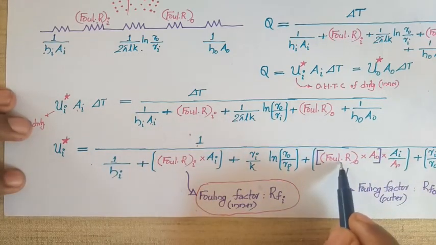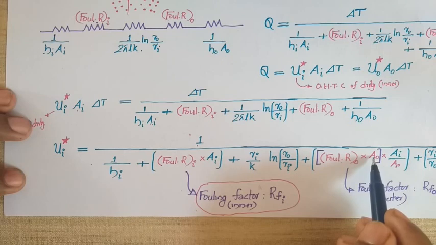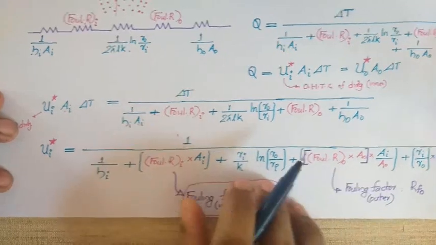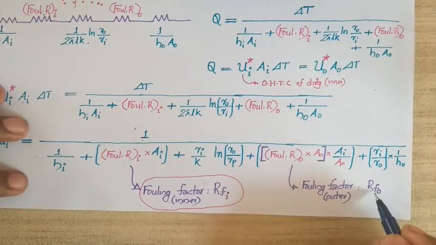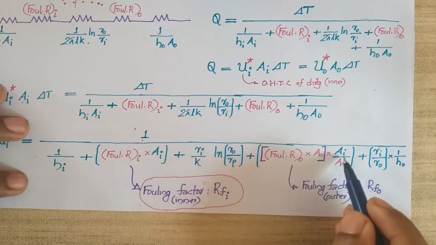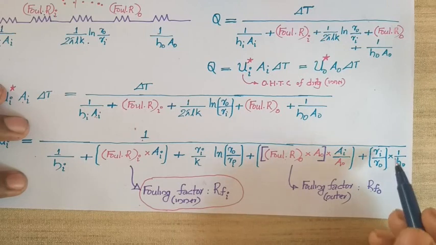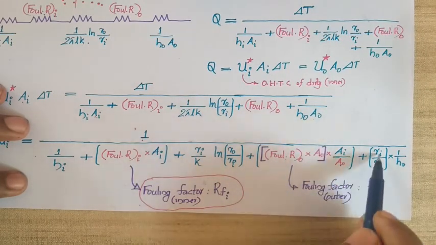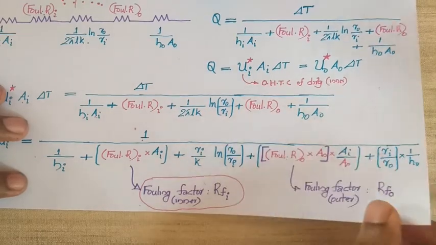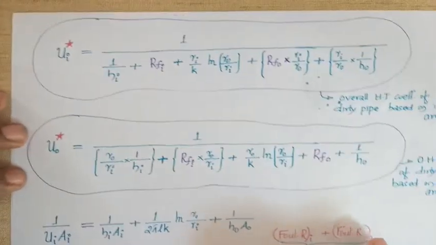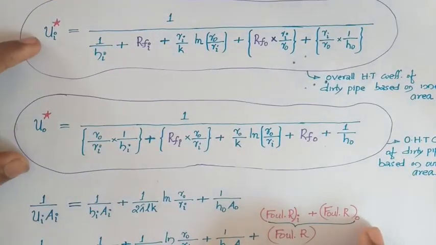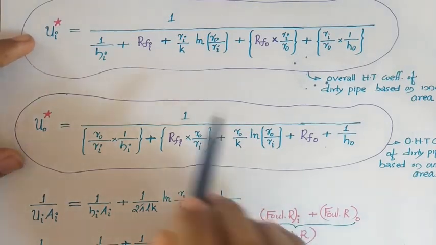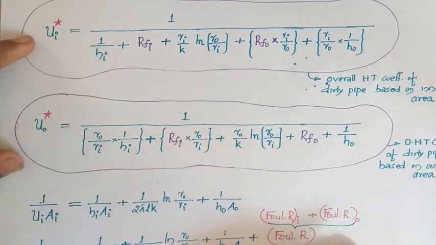So fouling resistance at outer into Ao, I will be calling this product the fouling factor at outer, RFO. Then you are having Ai by Ao. This you can write as ri by ro, and plus this term, Ai divided by Ao, will be giving ri by ro into 1 by ho. So if you are simplifying, you will be getting the final expression for the overall heat transfer coefficient for the dirty pipe, where you are considering the effect of fouling.